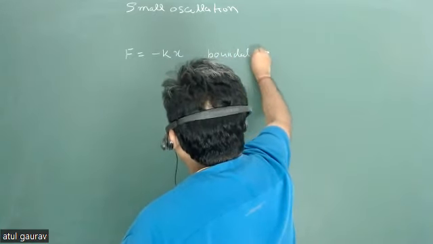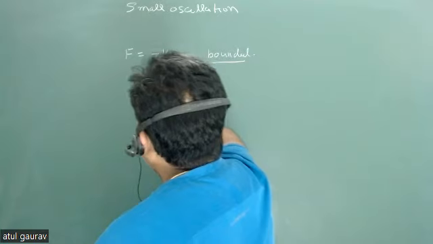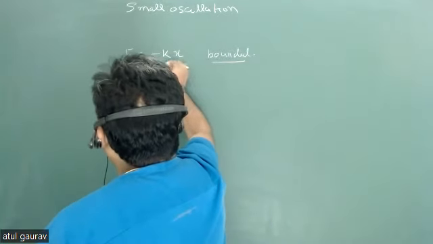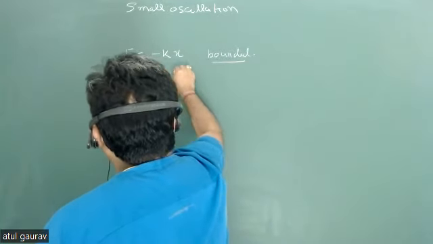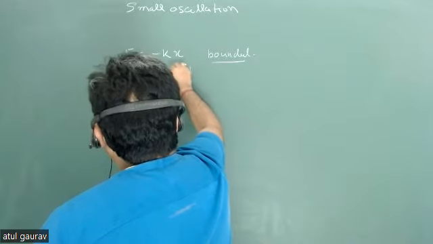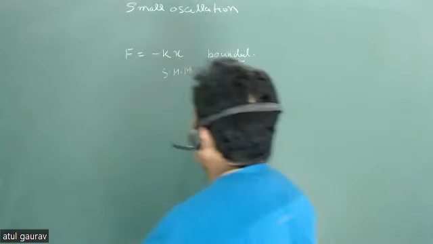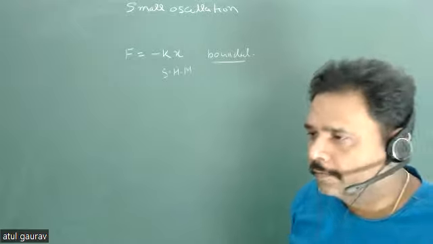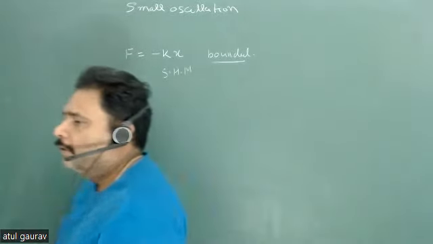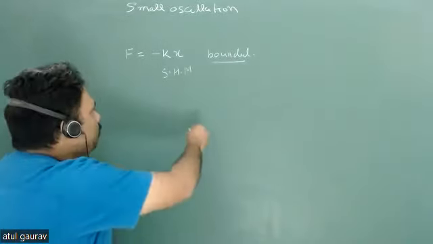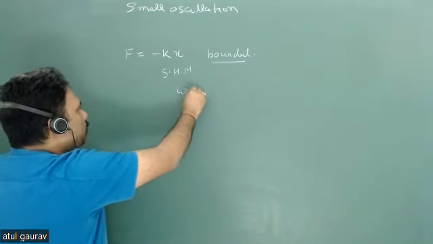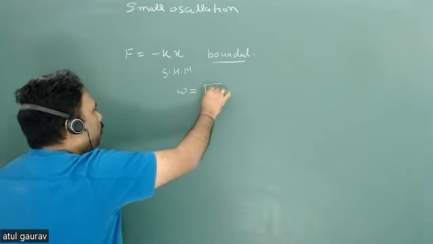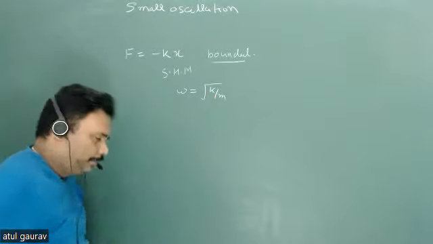Then we have a simple harmonic motion. For simple harmonic motion, the frequency omega is constant, and it will be k upon m.